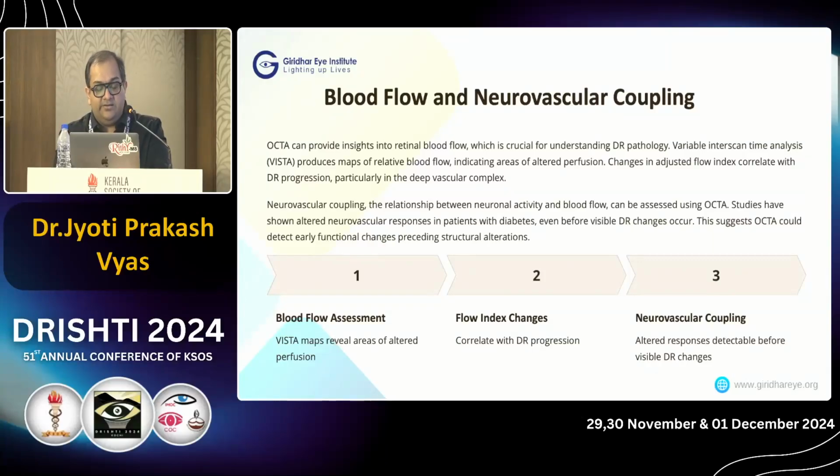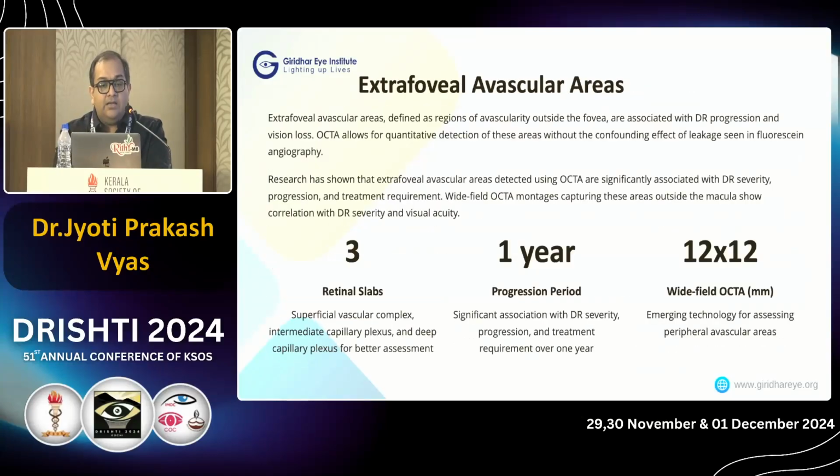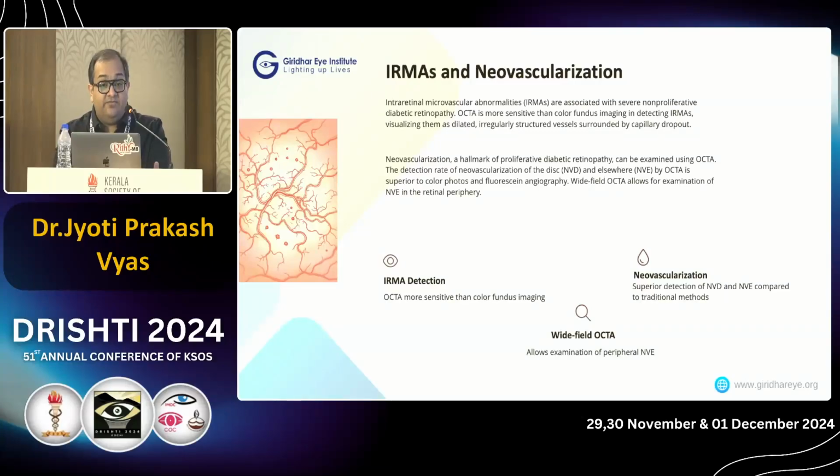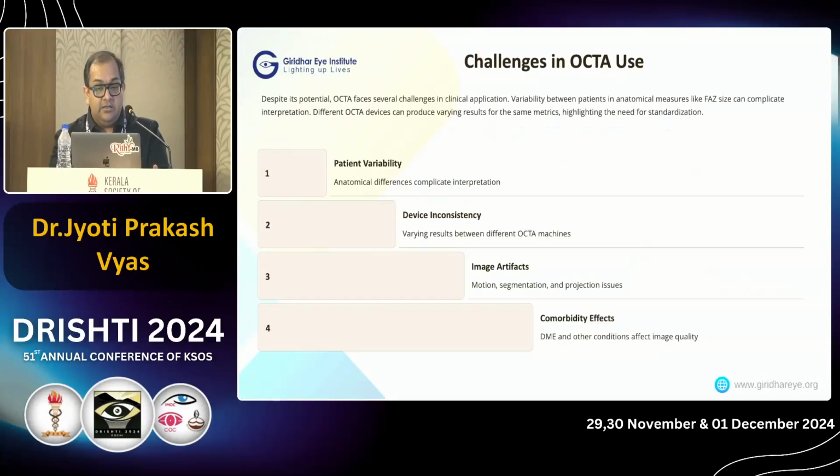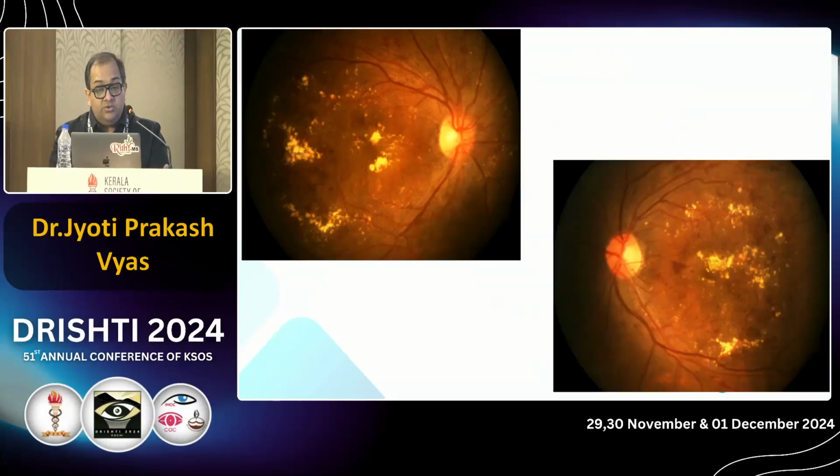It is only restricted to some institutional and large practices. And the other things which are probably very useful are the identification of ERMAs and neovascularization, which are very well delineated.